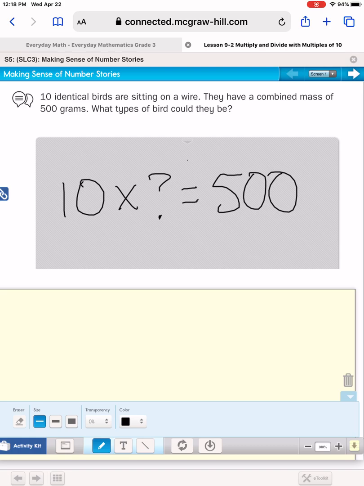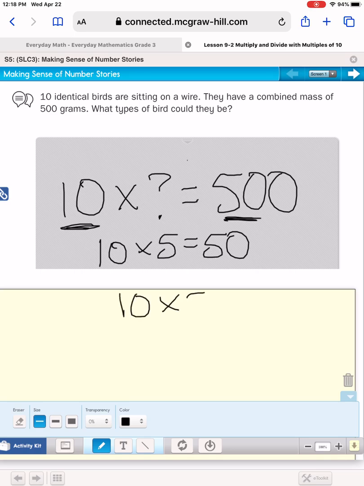So I am going to think about what basic fact is in here. I see 10 and 50, and I know that 10 times 5 equals 50. So if I wanted to extend it to 500, I would know that 10 times 50 equals 500. So 10 birds that have a mass of about 50 grams would answer this number story.